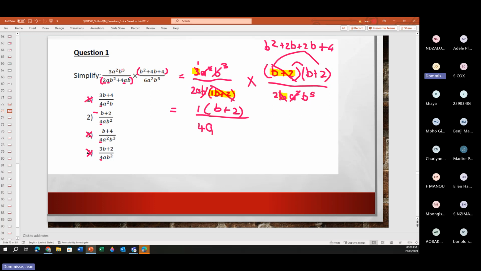I've written it down as b to the power of 2, sorry. Let's just quickly see, I cancelled 1b out, so there's still 2 b's left. So 4b at the bottom, 4a, b to the power of 2, b to the power of 5, so 5 minus 2 is b to the power of 3. Wait, let's quickly just do those b's over.